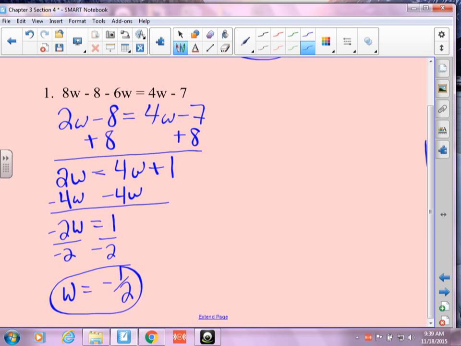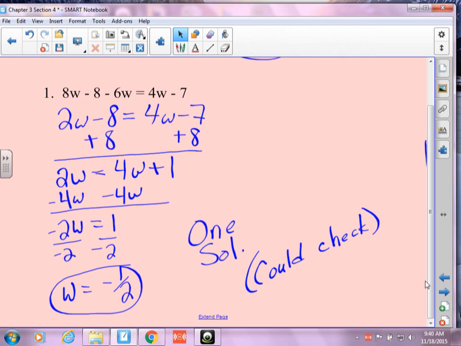When it's in the denominator, it's 1/2. Which is very different from 2. Now, how many solutions are there? There's 1. So this is a 1 solution. Could I check this? I could. It didn't ask me to, but I could because I got a 1 solution. So we can write could check. All right, let's move on.